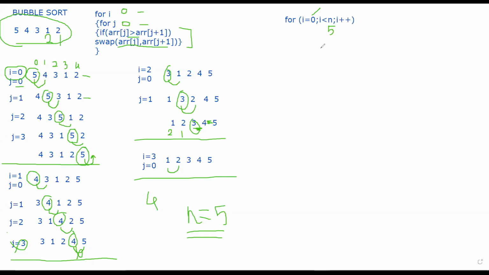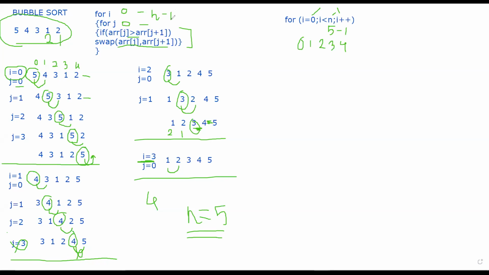For 0, 1, 2, 3 and 4, because this is only less than, which means one value less will be considered. My loop will go from 0, 1, 2, 3 and 4 also. But I am not executing 4. I am stopping over here only, i equal to 3. So what do I need to do? I'll just do this. 5 minus 1 is 4, no? So instead of writing only n, I'll write n minus 1. Means over here, it is going from 0 to n minus 1.